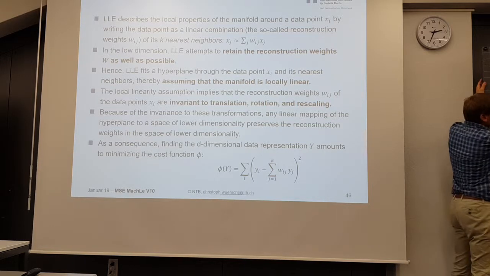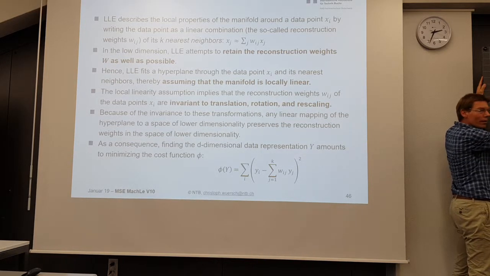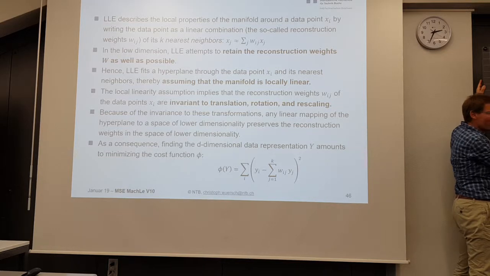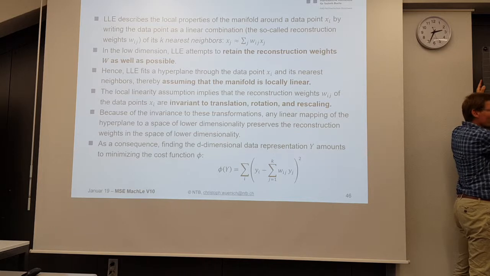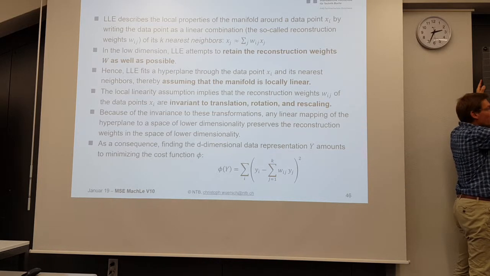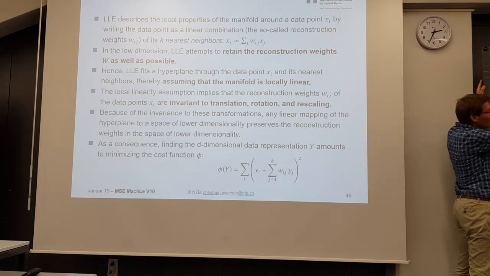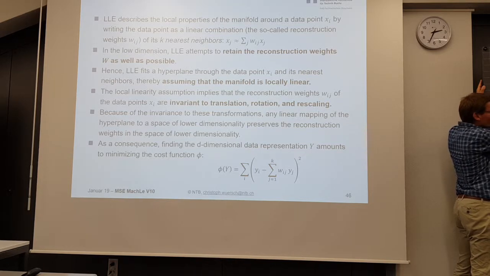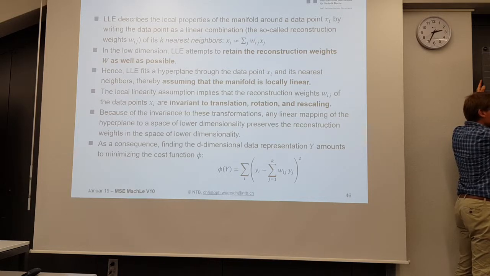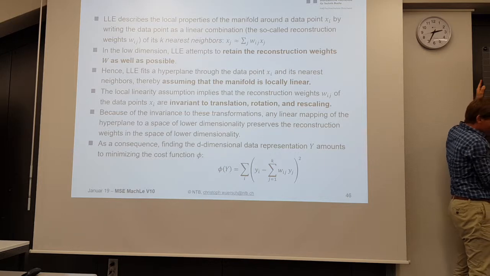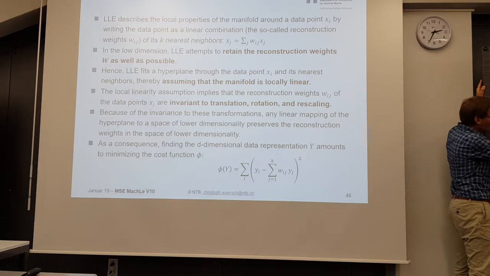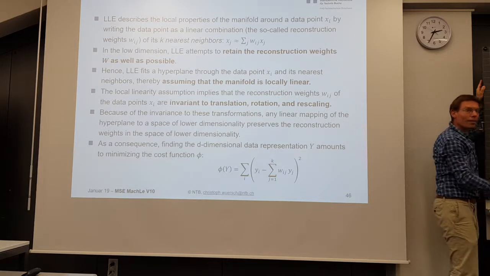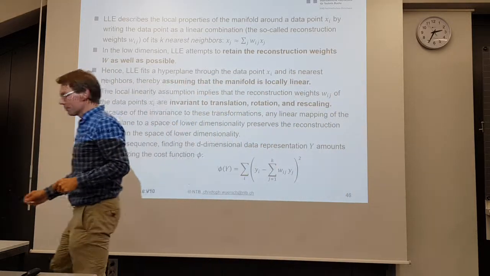The idea, for example, here, if I look locally like an ant, if I am an ant which travels along this S, I would say actually my space is locally flat. So I represent it by a two-dimensional plane. So my dimensionality would be 2, and I just calculate the transformation matrix to make this hyperplane local. And I will make here a patch like this, here a patch like that, like that, like that. And later I just unfold it onto a two-dimensional flat. So I project this one to this one to this one to this. That's the idea of local linear embedding.